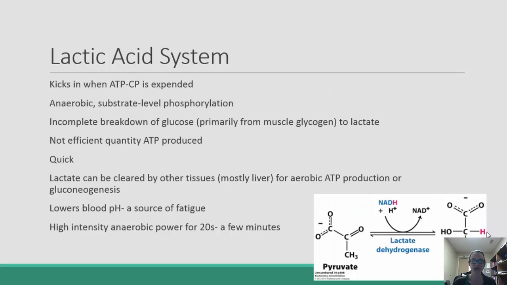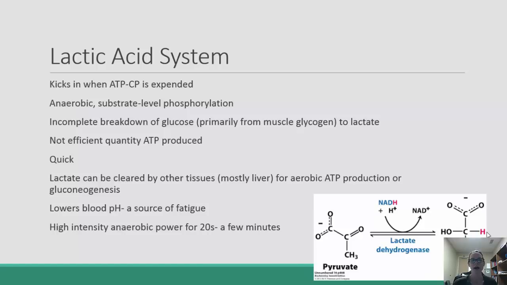Now, that doesn't last for long. That system is really good in the short term, but then we need to kick in a different system, and that's going to be our lactic acid system. And we've talked about our lactic acid system. We know that it's anaerobic. We know that it also undergoes substrate level phosphorylation.